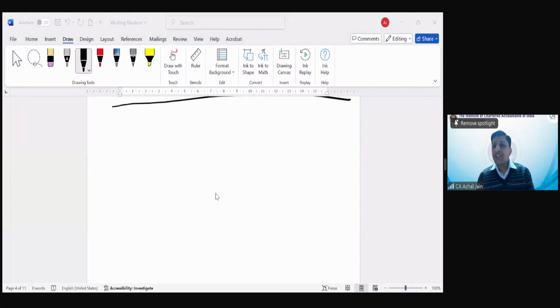Yes. Abhishek has a question. Yes, Abhishek. Tell me what's the question. Sir, in the multiple choice question of AS7, the first multiple question, it asks revenue to be recognized, not the incurred cost.